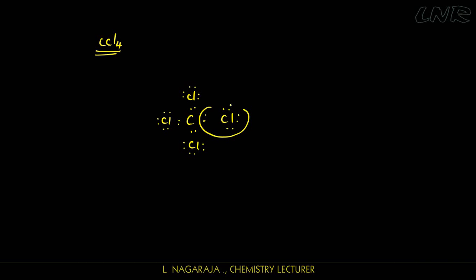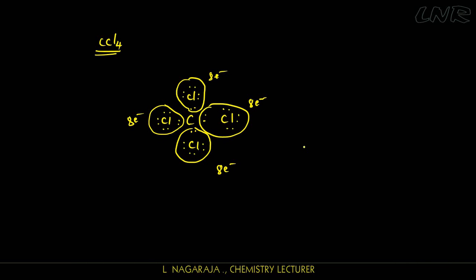So all the atoms get 8 electrons in the outermost orbital. So it is 8, and it is also 8, and it is also 8, and the central atom also gets 8 electrons.